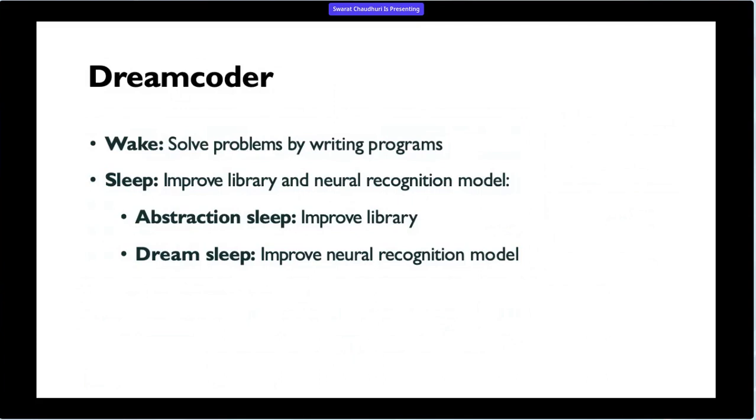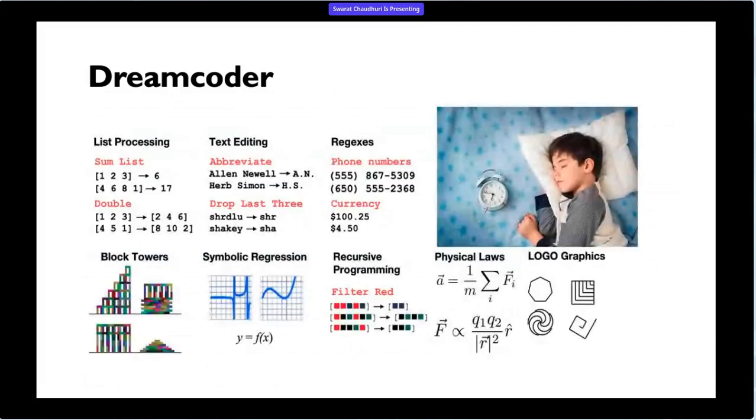And in order to train that, we essentially have this dreaming phase where the system is essentially hallucinating these different problems and using those to learn correlations between features in the inputs and outputs, especially in the outputs, with what kind of components are used, right? So for example, if you see a lot of repetition in the output, you know that there's probably a loop somewhere in your program. That sort of relationship is what you want to discover.